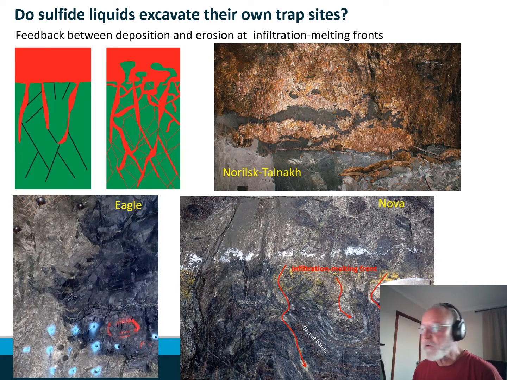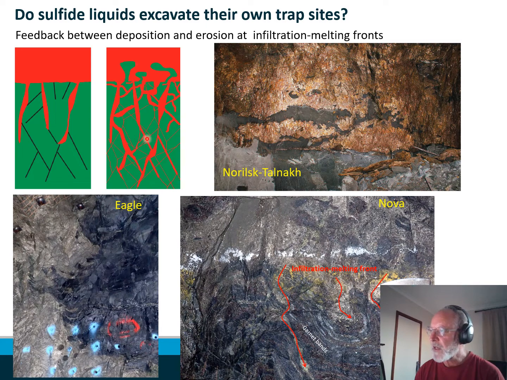So this raises another interesting idea, and this goes back to something that we saw when we were talking about these Kambalda infiltration melting fronts. In some cases where the country rocks are a little bit brittle, these melting fronts are forming not just by sulfide melting country rock, but by sulfide exploiting original fracture systems in the country rock. We'll see this in Nova in a minute. And as they do that, they're carrying heat in and generating melting.